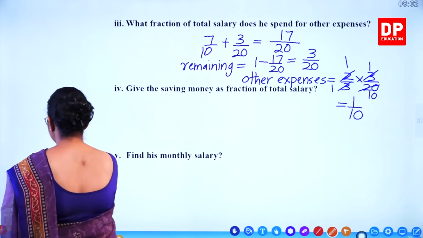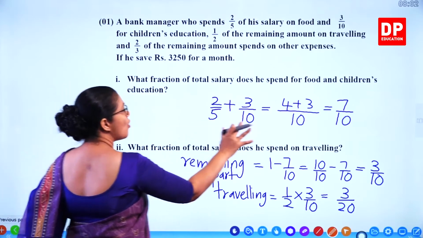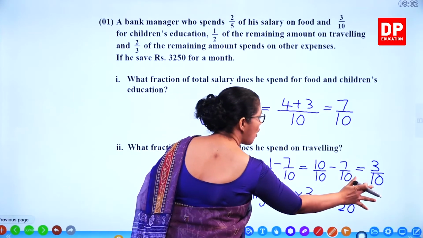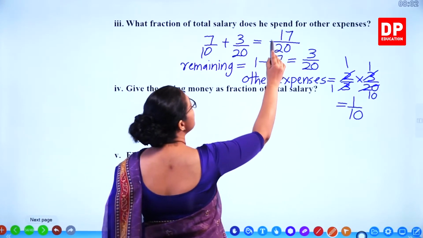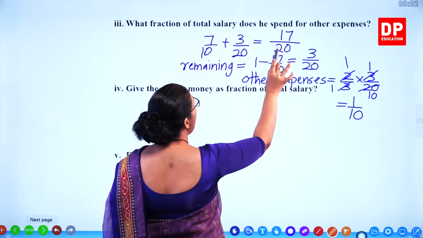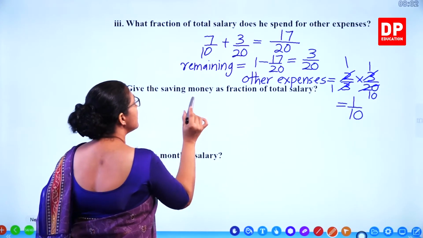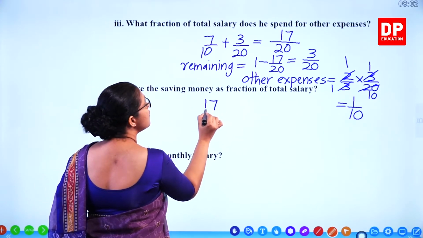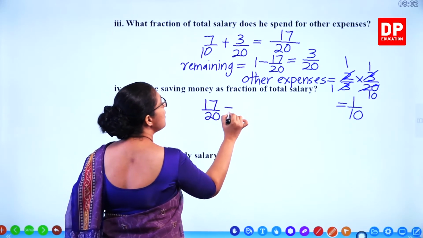So what's the amount now? 7/10, we found this, all these, and here 17/20 and this 1/10. So what's the saving amount?